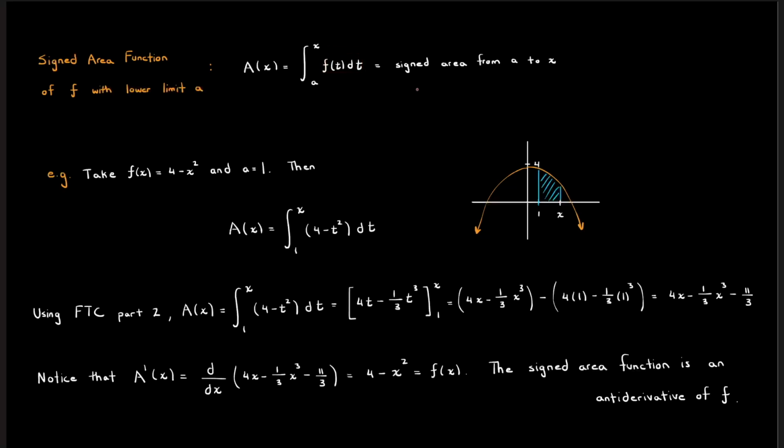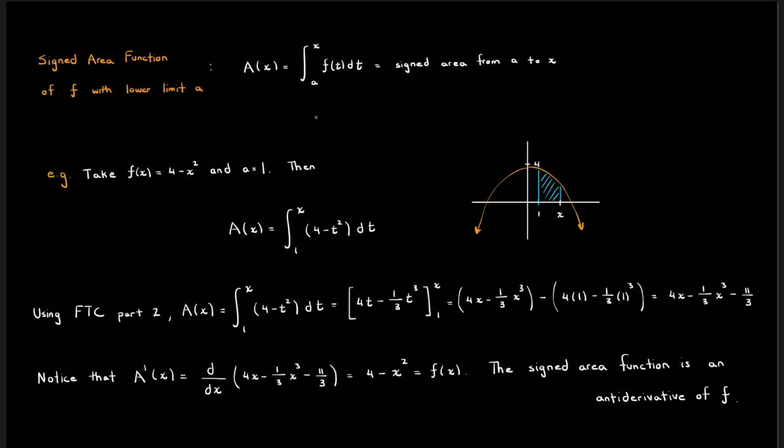And so this is the signed area from a to x, right? That's one interpretation of the definite integral. I like to think of these signed area functions as the area so far, and the function outputs the value of that definite integral for various values of x.